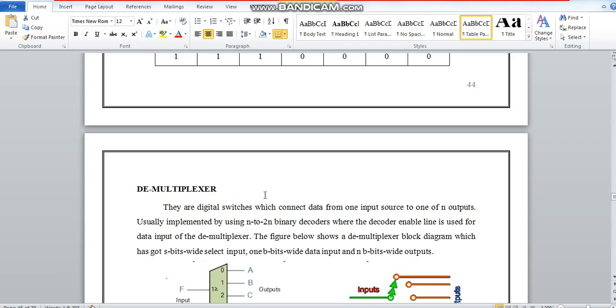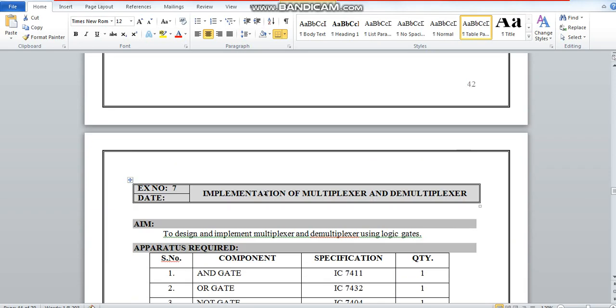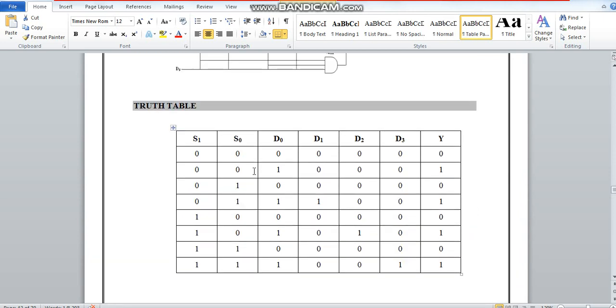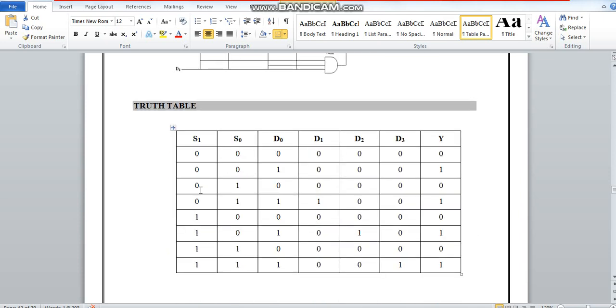Now let me see the circuit diagram of a multiplexer, and that same circuit diagram is realized in Proteus software for better understanding. You can see here my truth table and my selection pins. You have 2 selection pins and 4 data lines. The selection pins take the values 0, 0, 0, 1, 1, 0 and 1, 1.